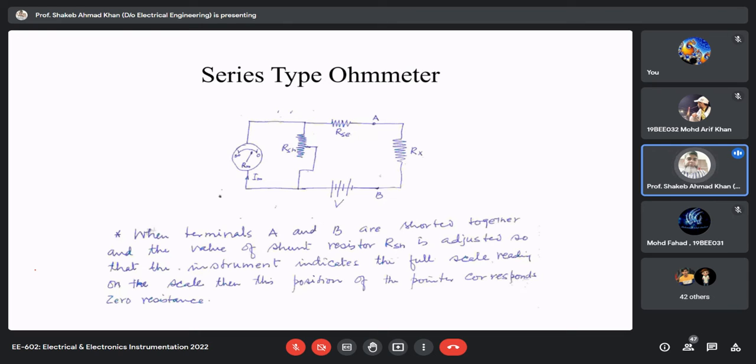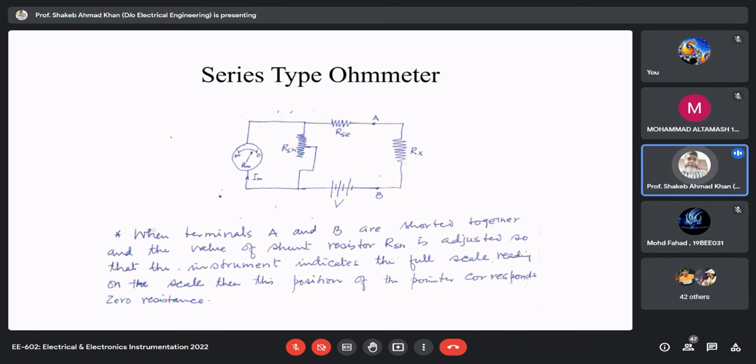Now if you look very closely at this setup, you must have studied how to convert the de-Arsonval movement into an ammeter, or how we can extend the range of the permanent magnet moving coil ammeter. This is the way we do it. We connect a shunt across it to enhance the current range of the de-Arsonval movement.